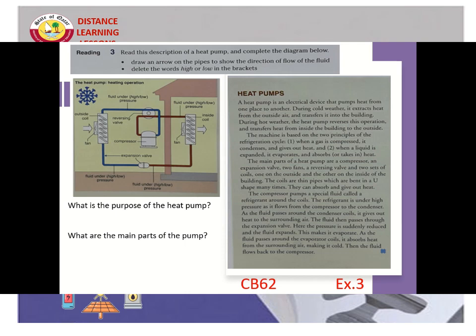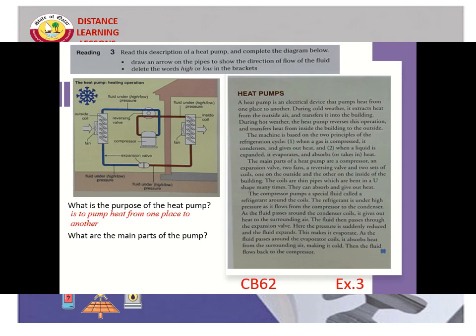Now, you can get the answer to the questions here. Now read all the text and then answer the questions. Okay, good. I hope you have finished reading the text. Now let's look at the answers.